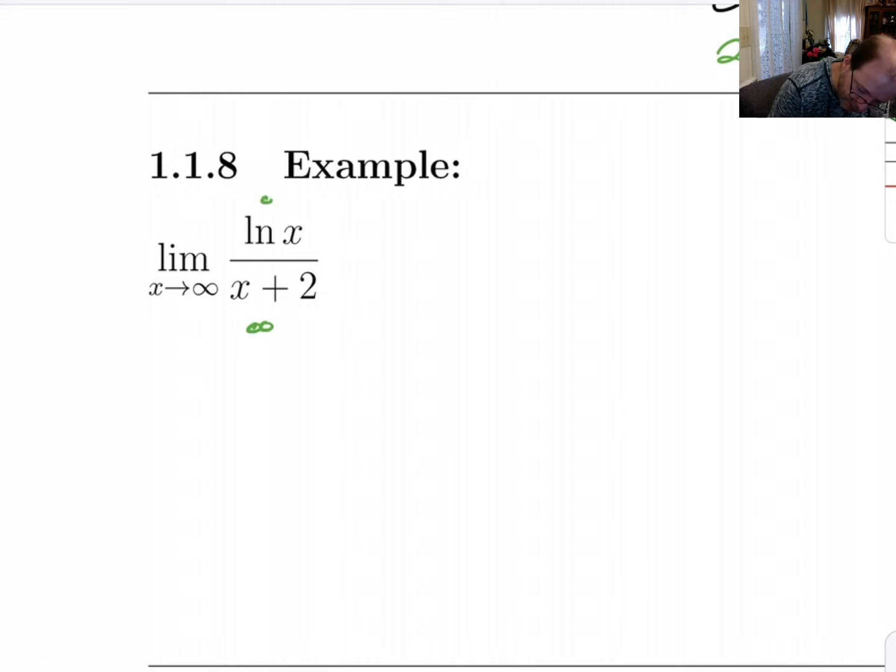Both of these are trying to go to infinity, but since this one is a logarithm and this one is a polynomial, the polynomial is going to win. It's going to grow faster, and since it's on the bottom, that's going to make this go to 0.